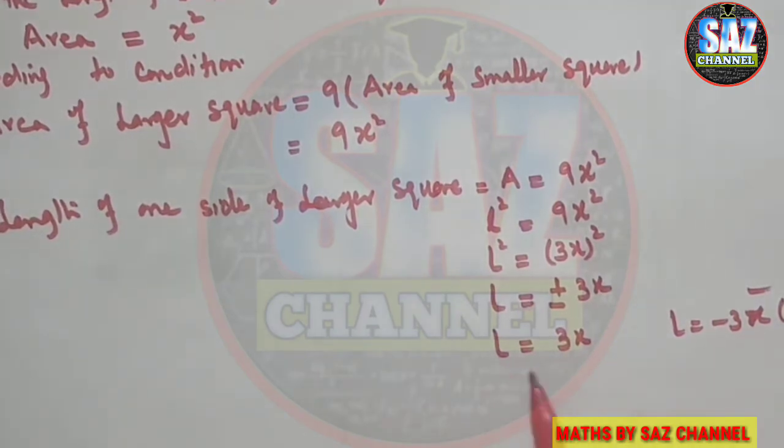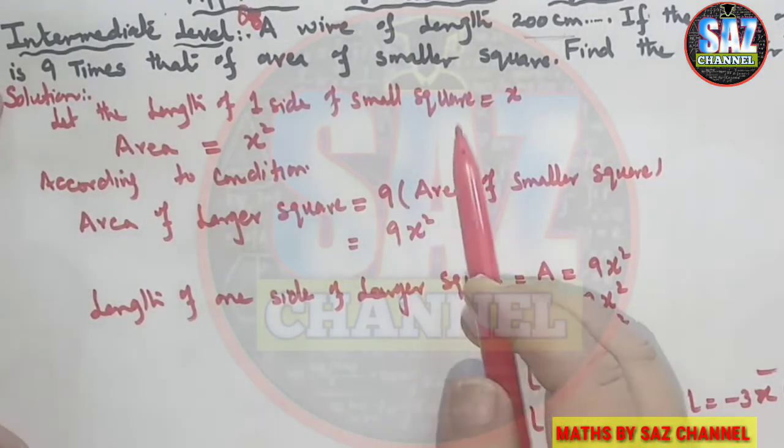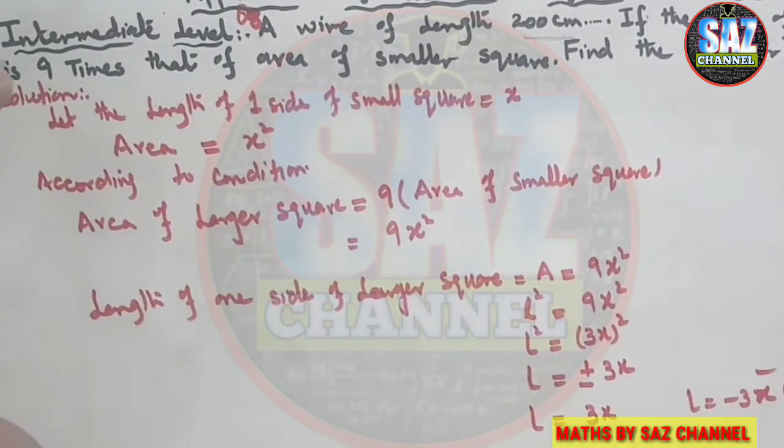So coming to the question, the second part says that we are using the 200 centimeter wire, means that 200 centimeter is the perimeter of these two squares.